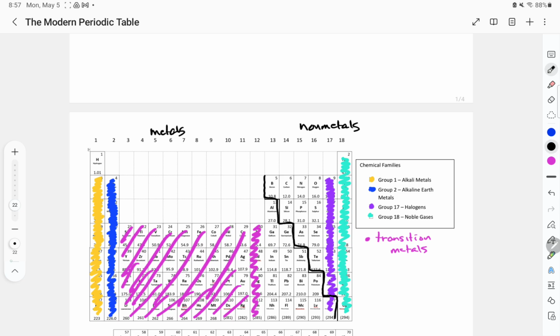Then we have a group of elements that touch the line. Oh, I should pick a different color, sorry. These elements that touch the line are metalloids.